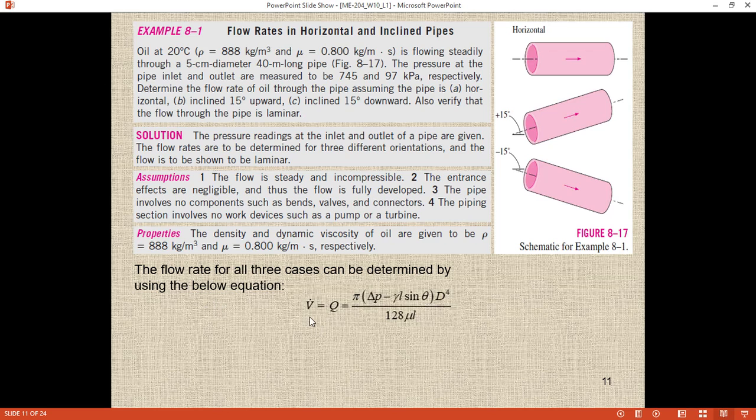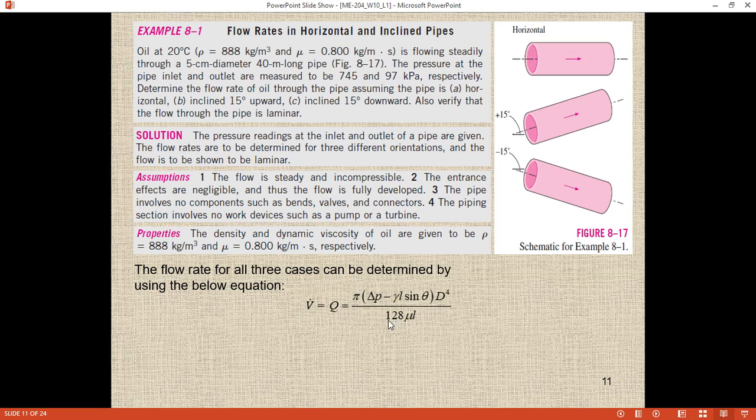This is the equation we have derived for the inclined pipe, and it is valid for all 3 types of orientation. You see the length is given, the viscosity is known, theta is known, the specific weight is given, delta P is given, and the diameter is given. All the information is given.